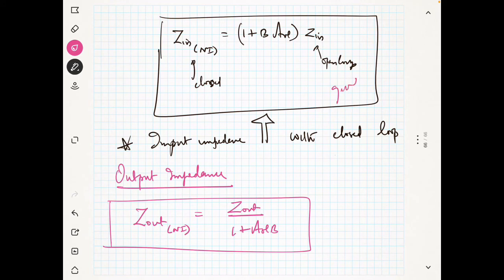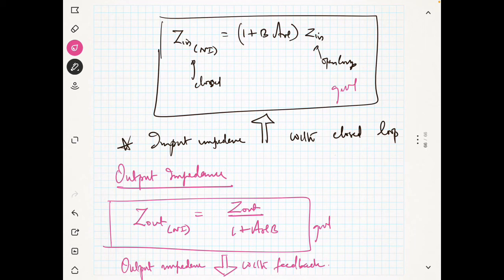That means the output impedance decreases. I will note: output impedance decreases with feedback. So this is the advantage of the feedback.